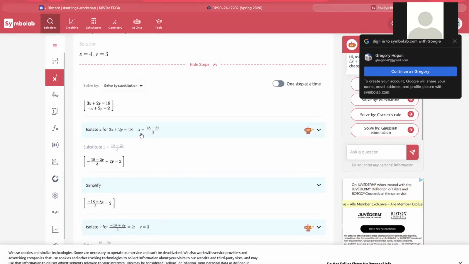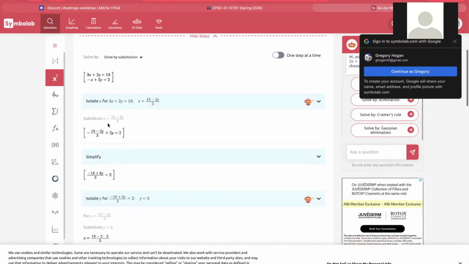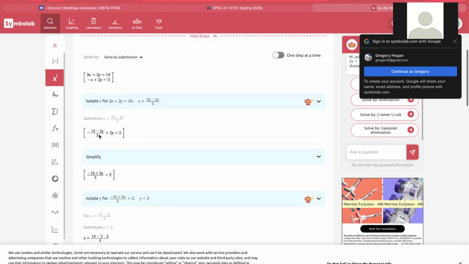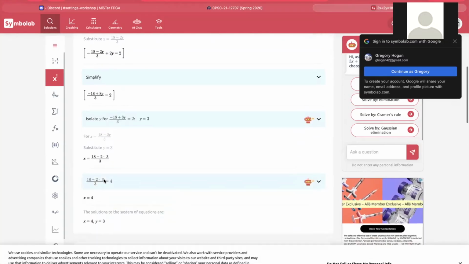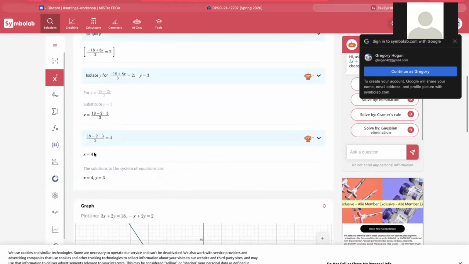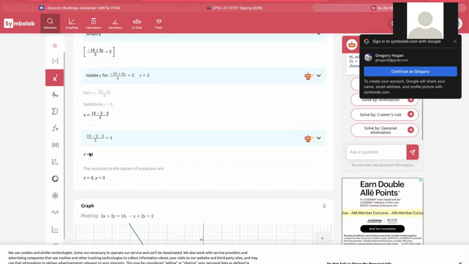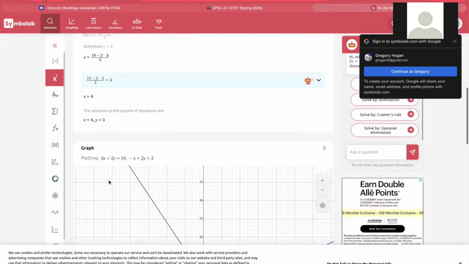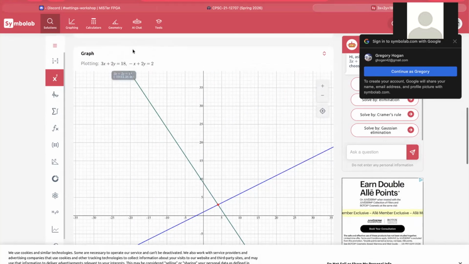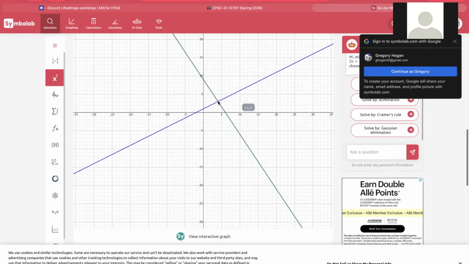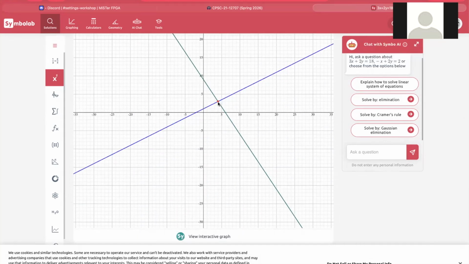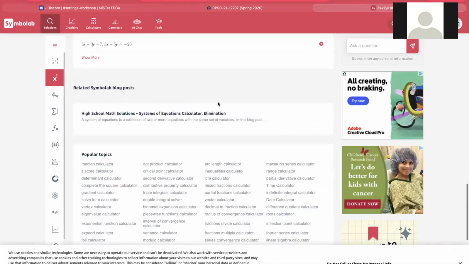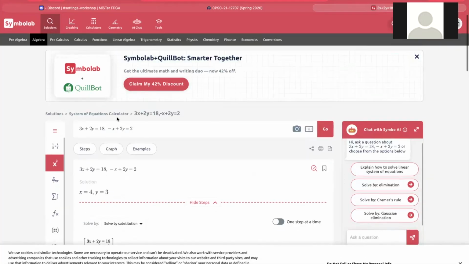You could solve the first equation for x, then substitute that x into the second equation, and then simplify that, and eventually you can find that x equals 4. And then once you have x equals 4, you can substitute that into the other equation, and find y. That's one way to do it. You could also plot them and find out that they intersect at 4, 3. That's another way to do it. And this exists here, right? There are ways to solve this.